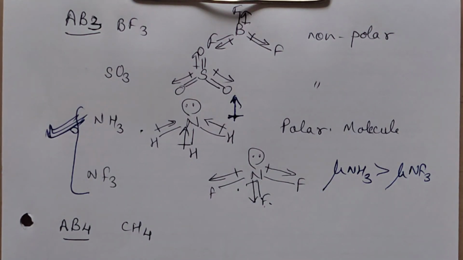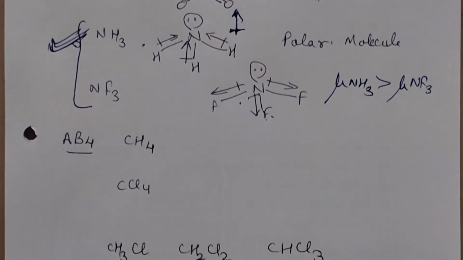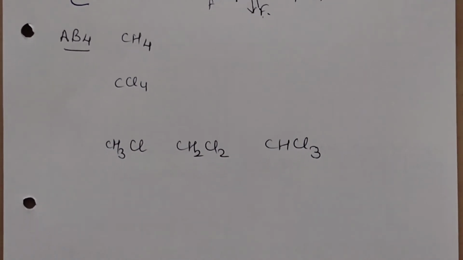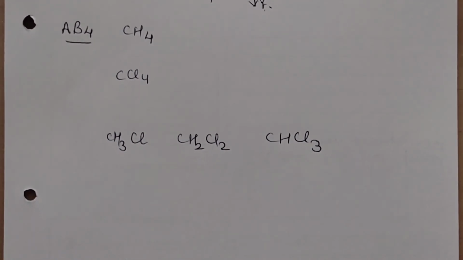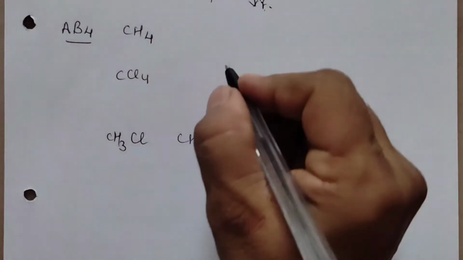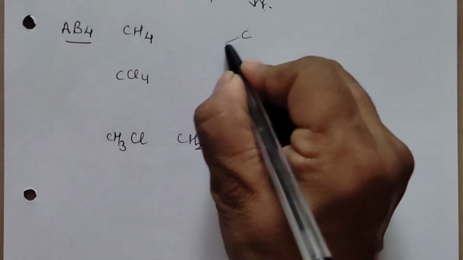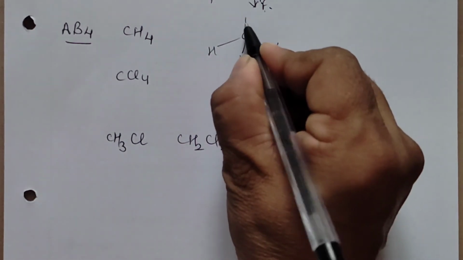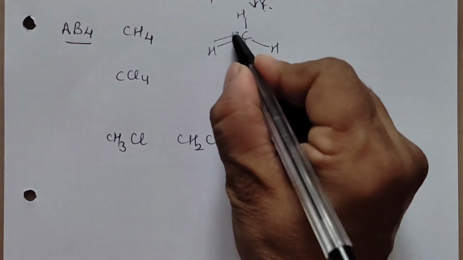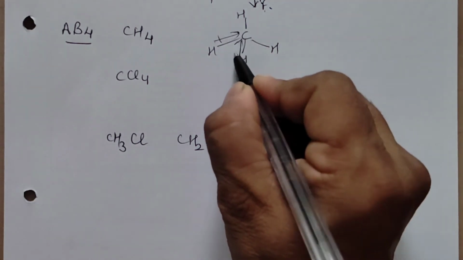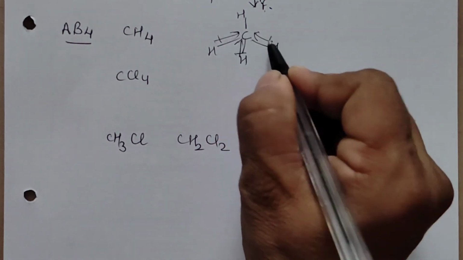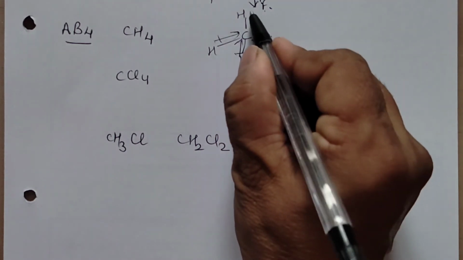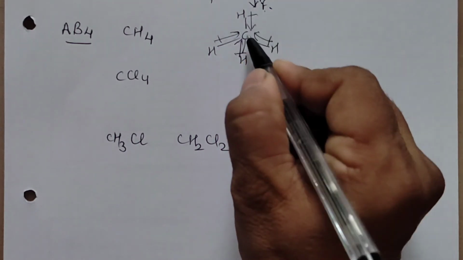Okay, so this is about AB3 type. Let's move on to AB4 type. Now you know that if a lone pair is not there, it has to be non-polar. So methane is a tetrahedral molecule. You will draw the tetrahedral molecule. Carbon being more electronegative, all individual bond moments will be towards carbon, and this one is coming down towards the carbon.